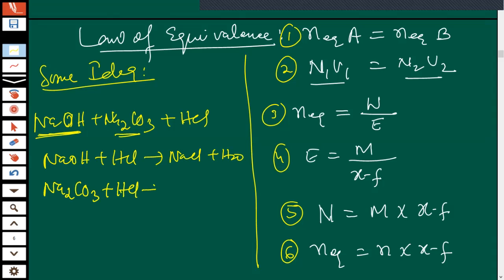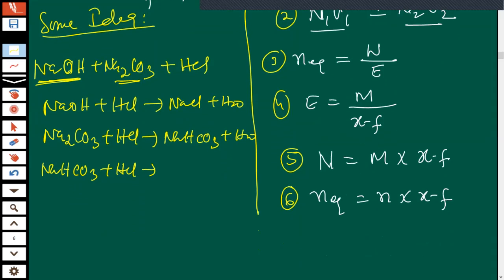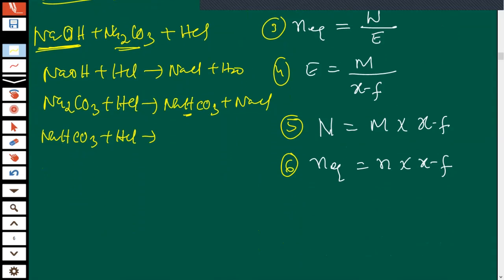Na2CO3 plus HCl gives you first NaHCO3 and NaCl. Then NaHCO3 again reacts with HCl to give you H2CO3, and again we will get NaCl, right?